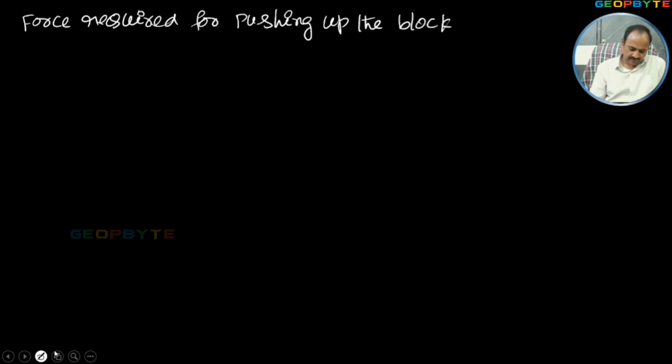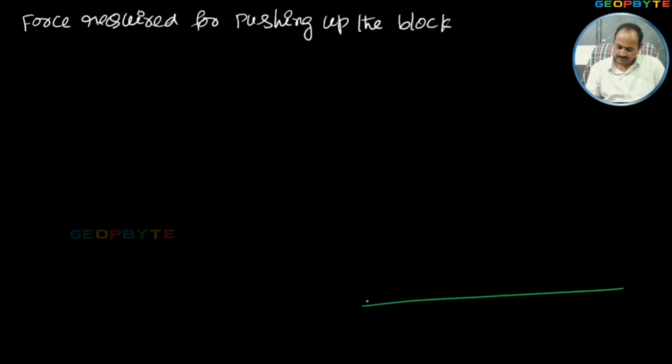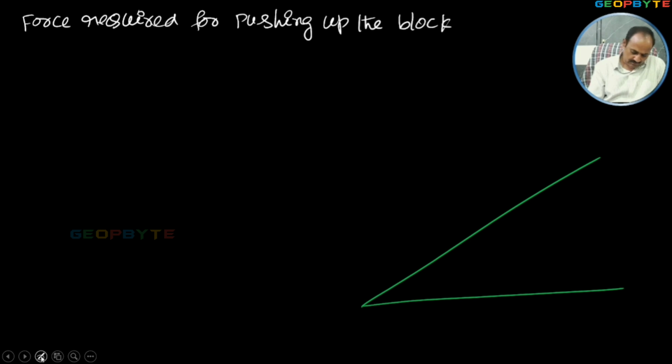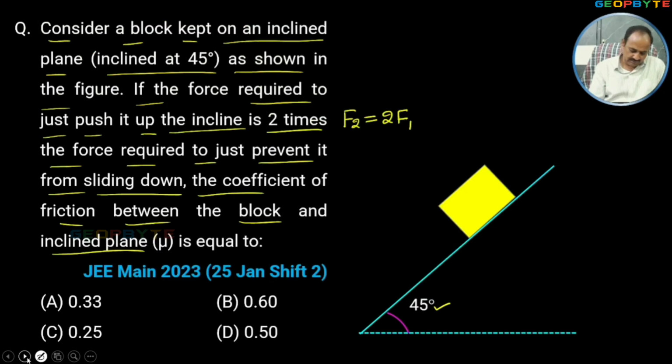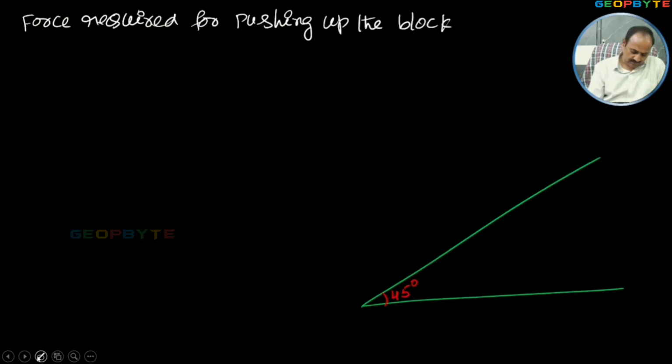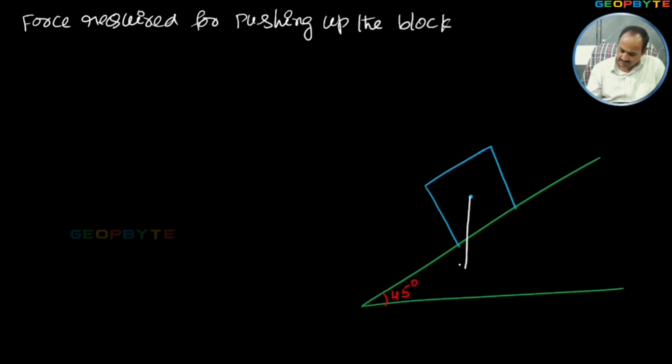For that, again let us take the base and plane. The angle between the base and plane is 45 degrees. Is it 45 degrees? Yes, correct. Then look at the block. Through the center of gravity, the self weight is acting vertically downwards.